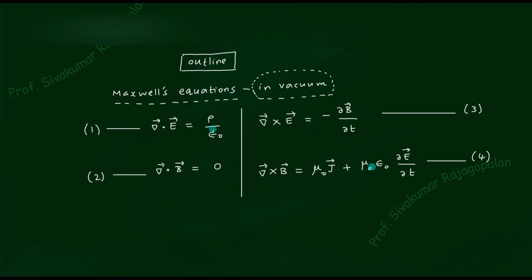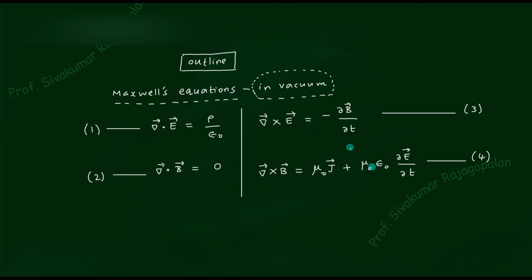The moment you don't have 0 on the right hand side, we say that equation number 1 is an inhomogeneous partial differential equation, and this being 0 here, we say that this is a homogeneous differential equation. So which is inhomogeneous, which is homogeneous? Equation number 1 is inhomogeneous because the right side is not 0. Equation number 2 is homogeneous because the right side is 0.